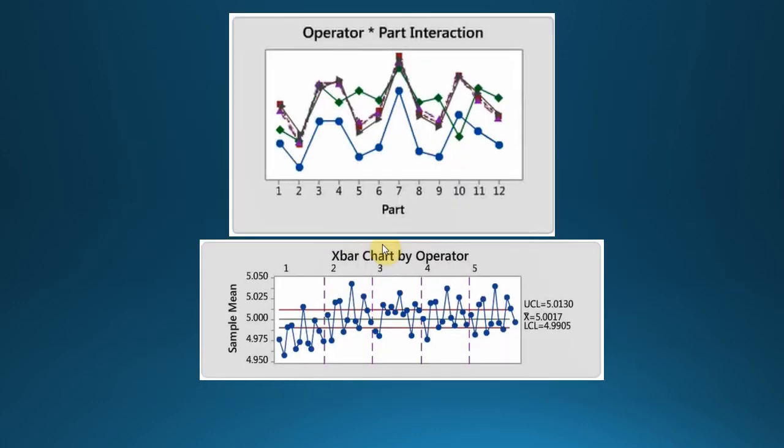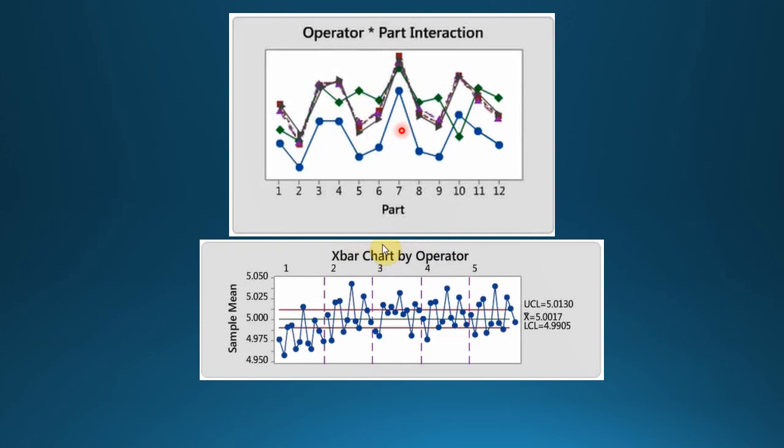So let's look at the operator by part graph more closely for data collected from the PCBA viewer measurement tool. This graph is related to the X-bar chart we discussed in the previous lesson. If we overlay the results for each operator on the same scale, we can see the relationship.